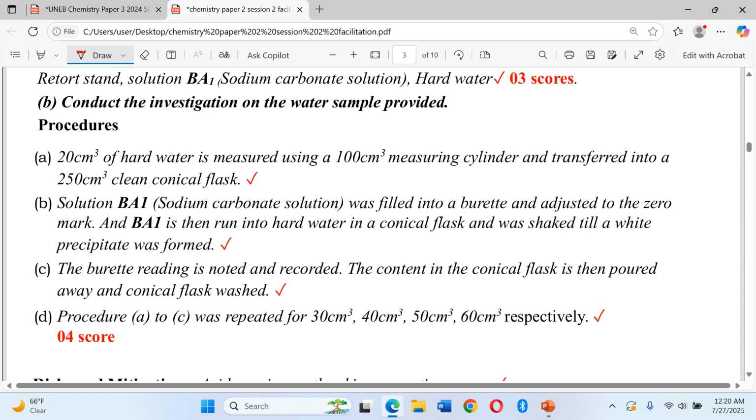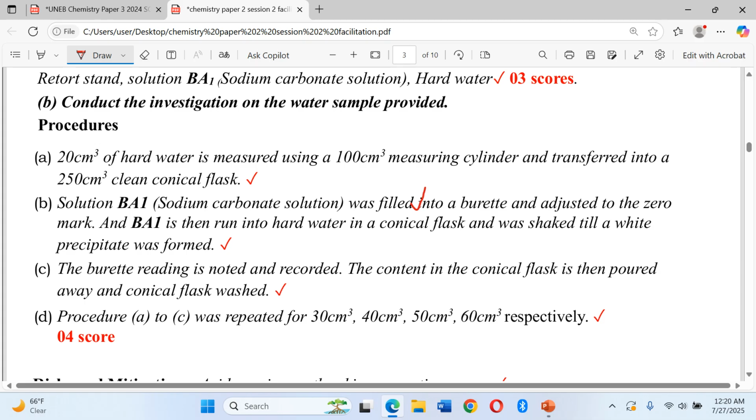Then solution BA1, sodium carbonate, is filled into a burette and adjusted to 0. BA1 is then run into the hard water in the conical flask, which is shaken until a white precipitate is formed.